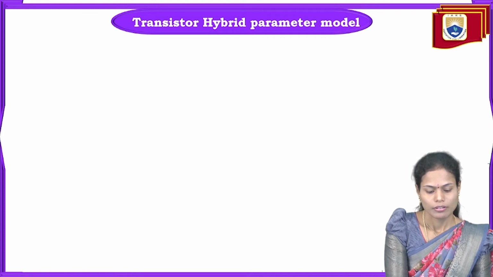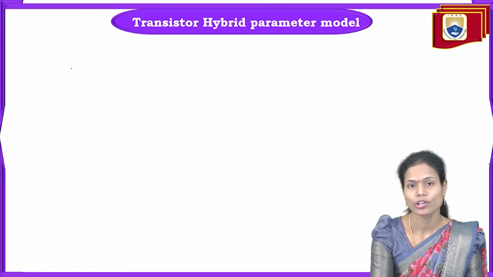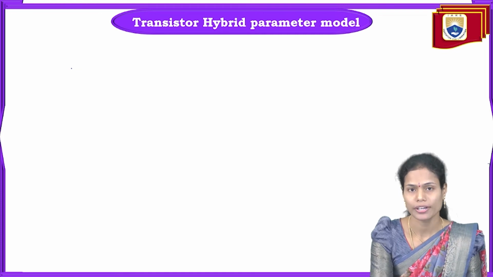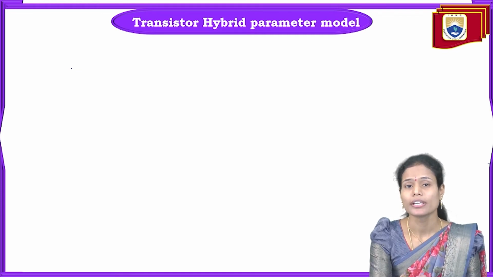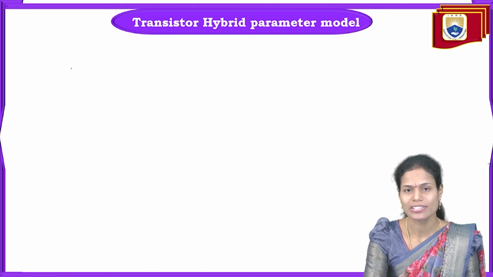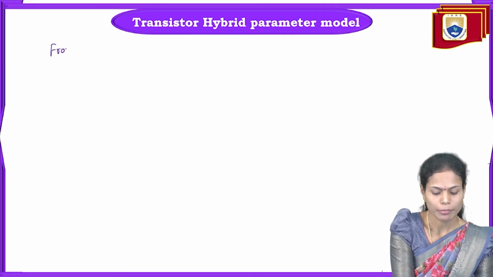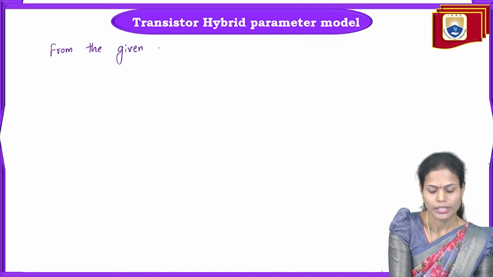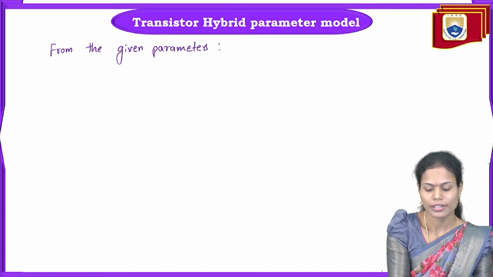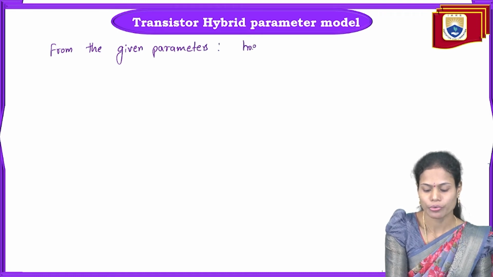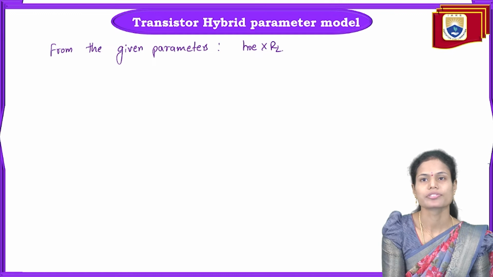First of all, before calculating the parameters, I have already mentioned that we have to decide whether to calculate by using the exact model or by using the approximate model. To know that from the given parameters, I am calculating HOE into load resistance value.